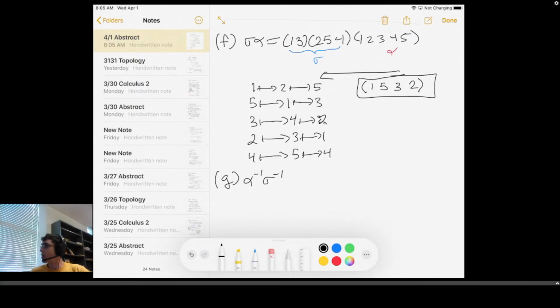Socks and shoes seems like it could be useful. Yes, exactly. So the long way would be to reverse alpha and reverse sigma and then do what we just did for F.